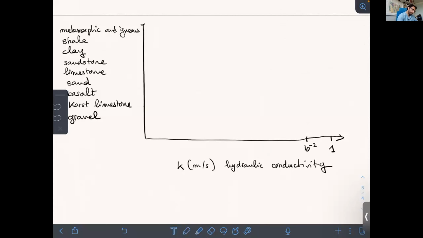It's very, very, very permeable. For karst limestone, it typically goes down to up to 4 orders of magnitude less, from 10 to the minus 6 to 10 to the minus 1.